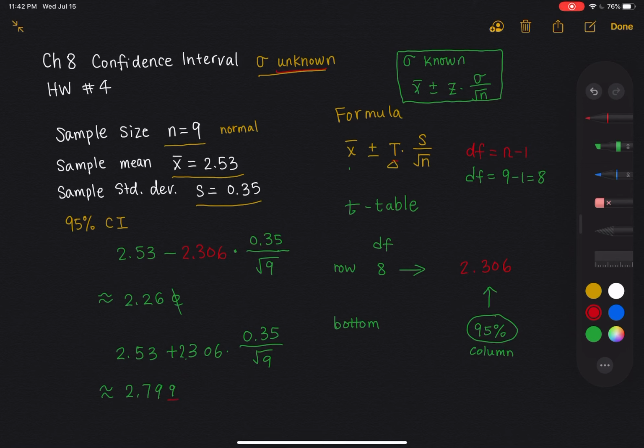If I sell you something for 2.79 cents, or 2.799, and that's money, do you know how much you're supposed to pay? It's more than $2.79.